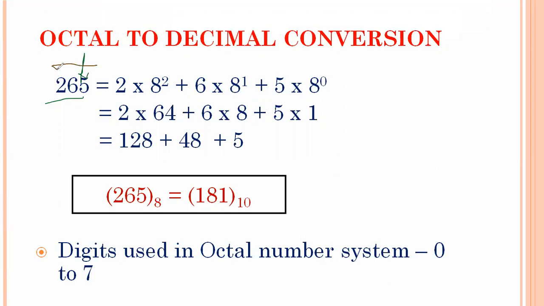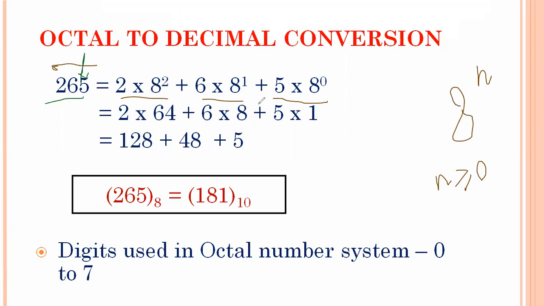In this case, we multiply with 8 raised to power n, where n is greater than or equal to 0. So 5 is multiplied with 8 raised to power 0, 6 with 8 raised to power 1, and 2 with 8 raised to power 2.